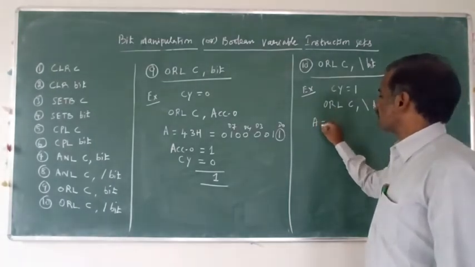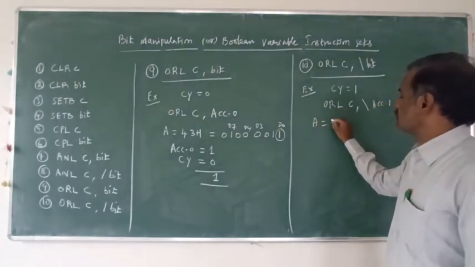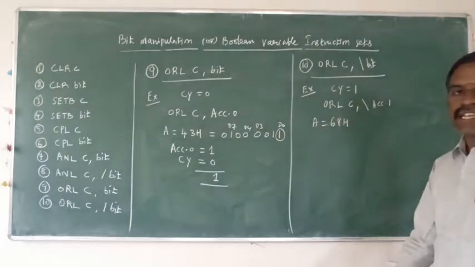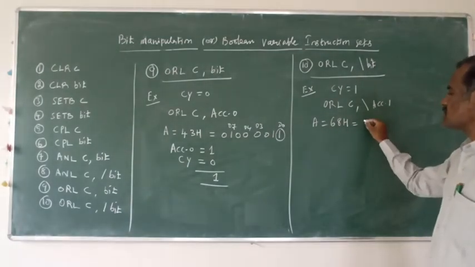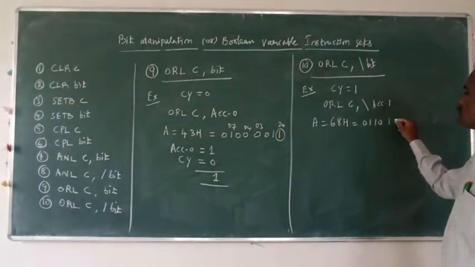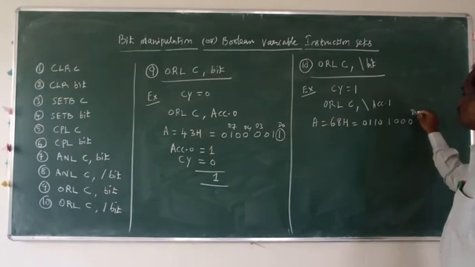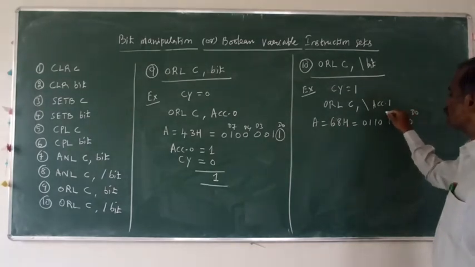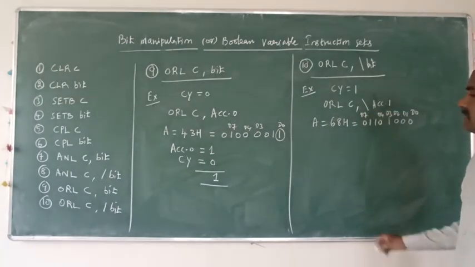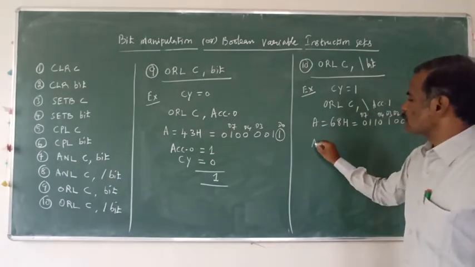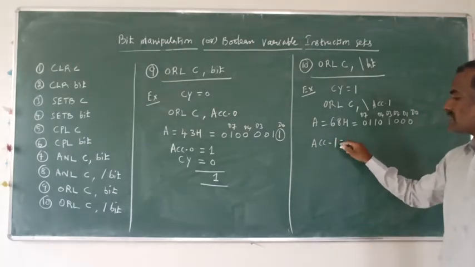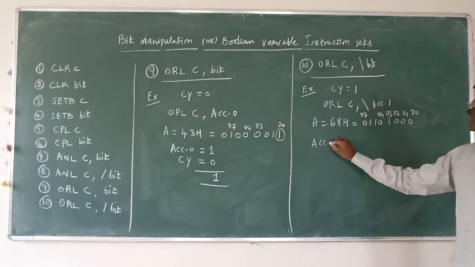Okay, in register A 68H. 68 means 0110, 8 means 1000. This is for D0, D1, D2, D3. This is for D4 and this is for D7. Here ACC.1. ACC.1 means accumulator content first position bit.